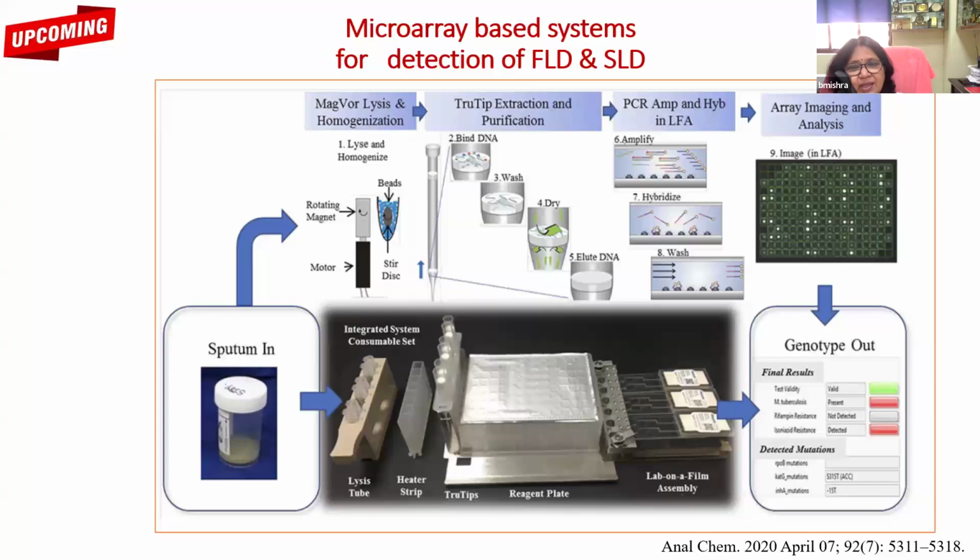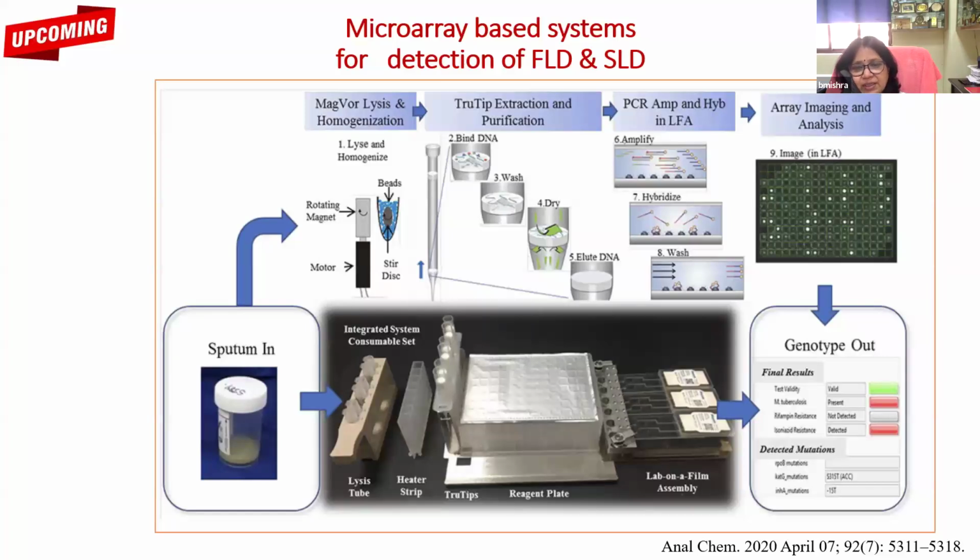Again, like many other systems, it has multiple steps, starting from sample lysis and homogenization, followed by extraction, purification, PCR amplification and hybridization, and finally array imaging and analysis. This is also why I'm saying this appears promising. I'll show the result also. Similar tests are available from various manufacturers.